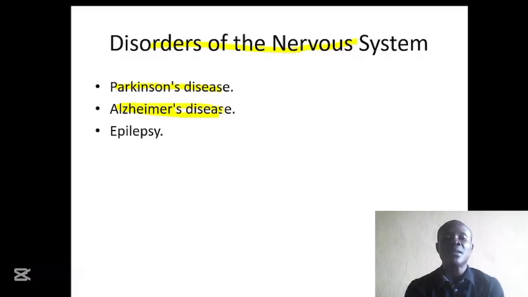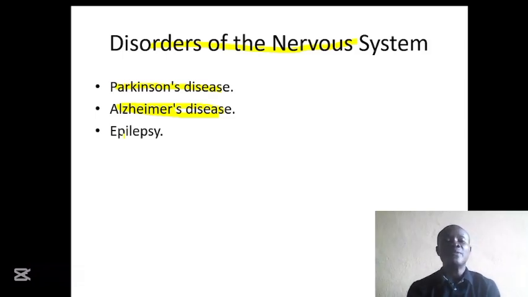Epilepsy is characterized by continuous seizures. So in this case, the person will experience involuntary movement due to abnormal electrical activity in the brain. And most often, that movement is unconscious. That's why we call it involuntary movement.